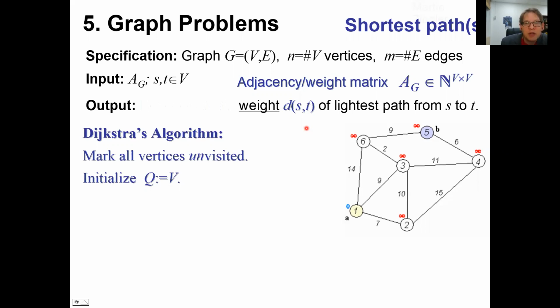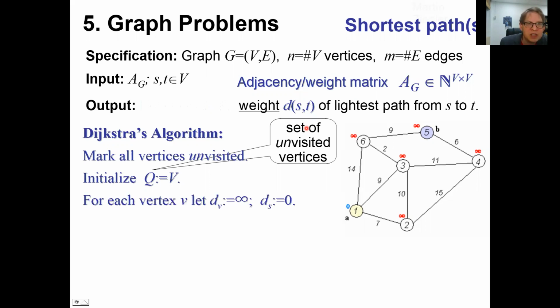Okay, so let's use that priority queue and discuss how to implement that and the computational cost of its implementation separately. So here it is, we initialize it with all vertices. And the intuition, which also enters into the correctness proof and the loop invariant for Dijkstra's algorithm, is that this is the set of vertices which have not yet been visited. And then we also initialize all key values of all vertices with infinity, so that all the key values in the priority queue are infinite.